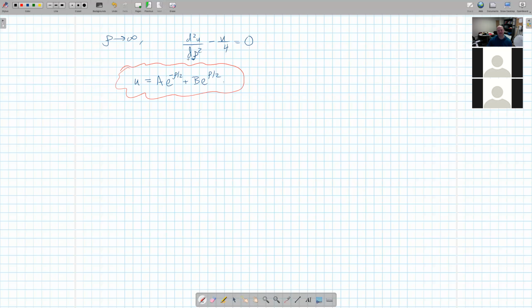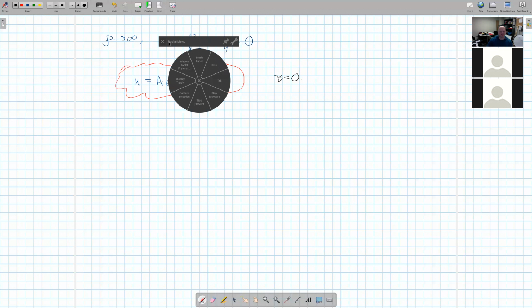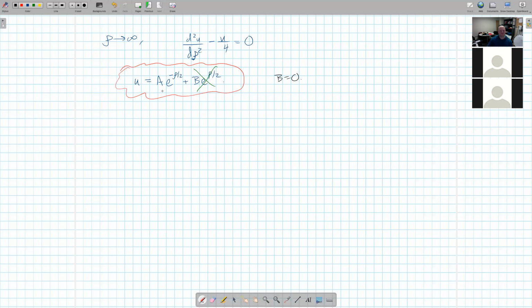But from here, we can also see that because our wave function must be normalizable, we can't have the positive exponential term. So we have to set b equal to 0 to make sure this thing is normalizable. So let's recap.